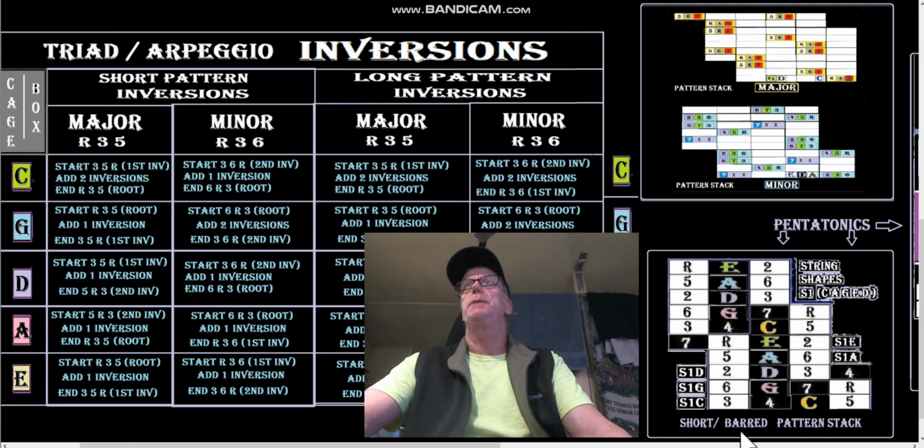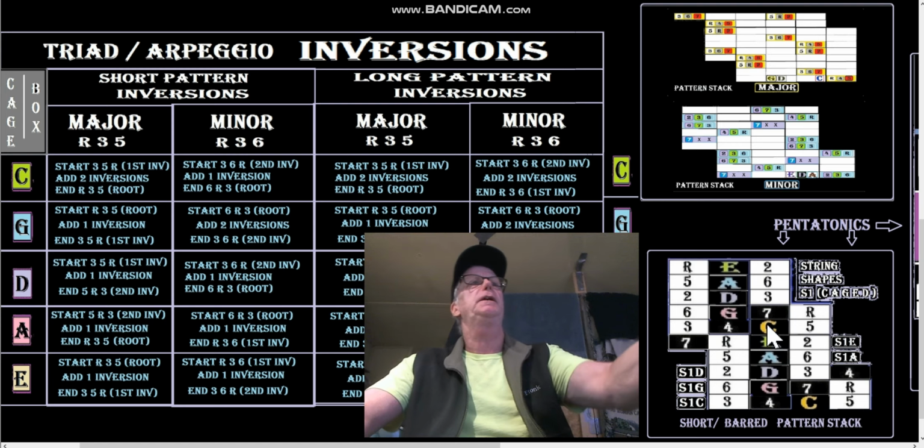These are string shapes, short barred pattern stacks. The individual string shapes: S1 is an individual string there. There's the C, the G, the D, the A, the E, the C, the G, the D, the A. These are in fifths. The fifth of C is G, the fifth of G is D, the fifth of D is A, the fifth of A is E, but the fifth of E goes to C for that A minor interval there.